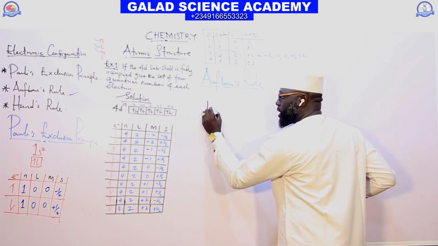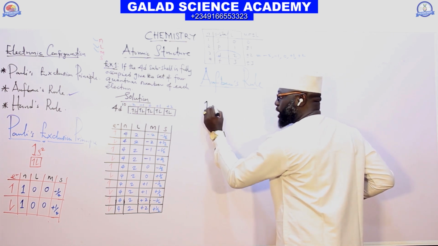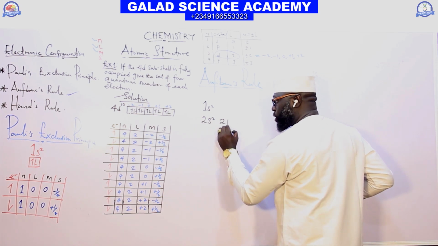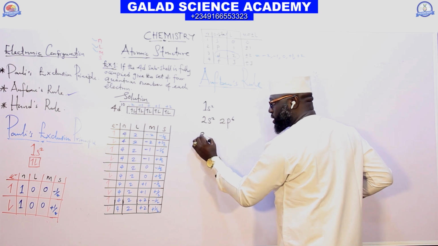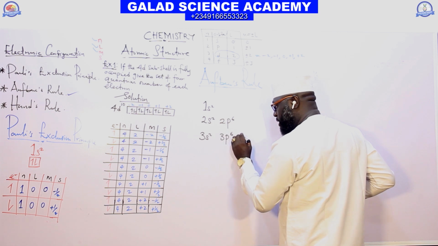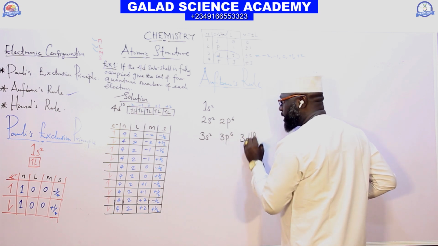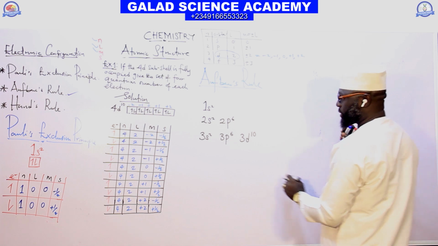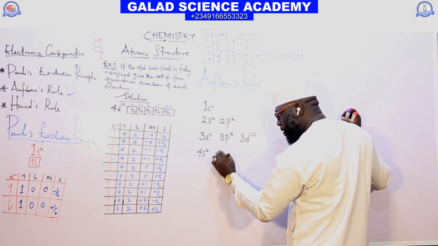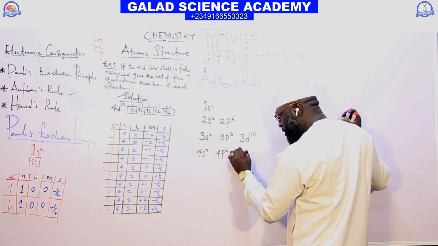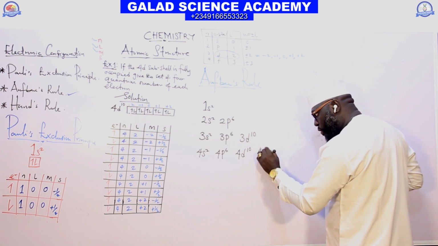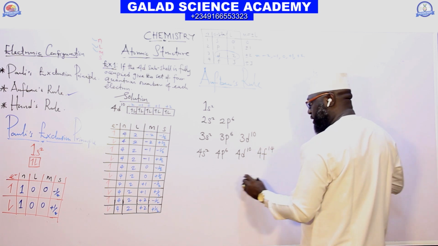Let's see it. 1s2, 2s2, 2p6, 3s2, 3p6, 3d10. Then we have 4s2, 4p6, 4d10, 4f14.